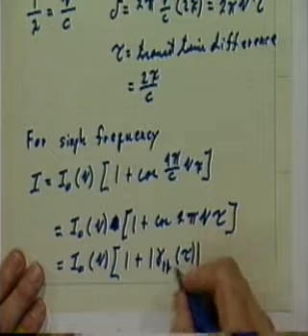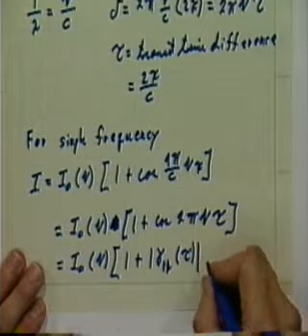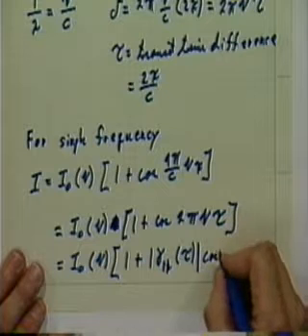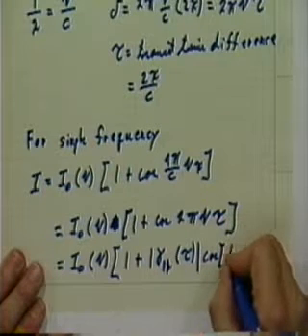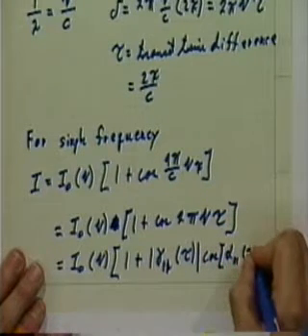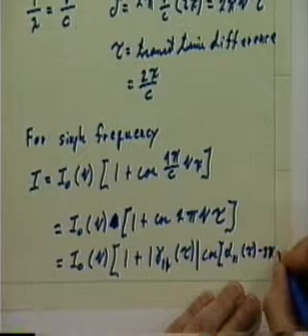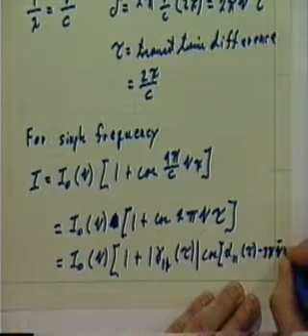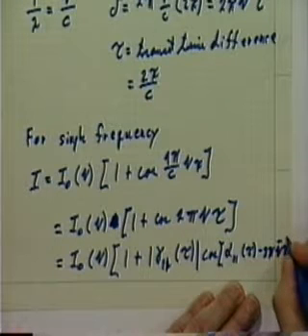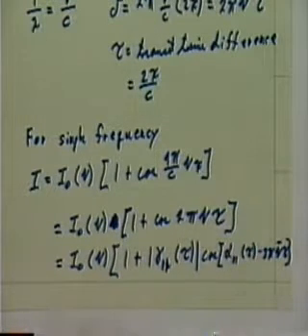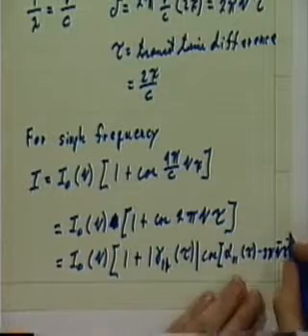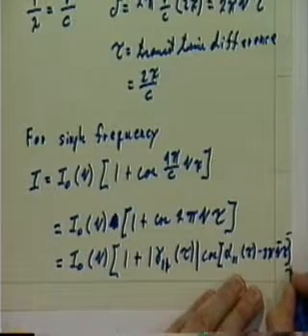So magnitude gamma of tau, cosine of alpha 1, 1 of tau, minus 2 pi nu bar times tau. And I guess I need another bracket here too.